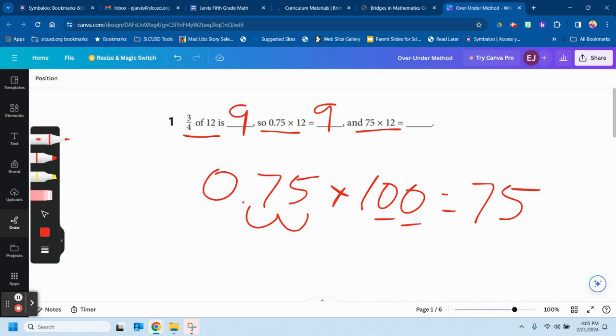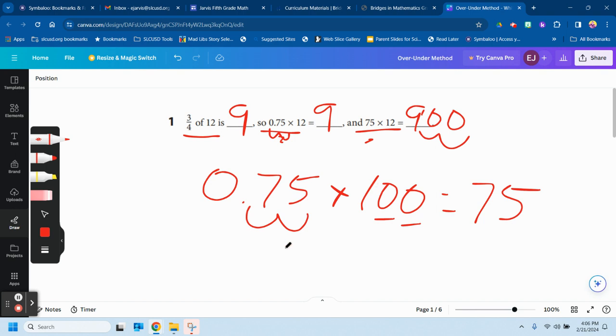I'm going to do the same to the 9. Since this is 100 times greater than this, my product is going to be 100 times greater. 100 times 9 is 900. Basically, I move the decimal 2 to the right. I add 2 zeros to the product of the multiplication problem.